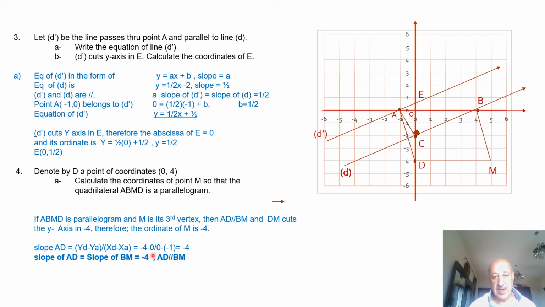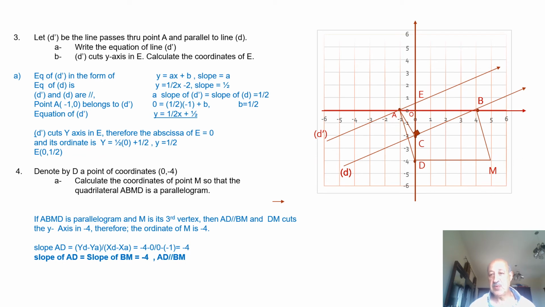Calculating it gives me the slope of AD equal to minus 4. So the slope of AD equals the slope of BM equals minus 4, because AD and BM are parallel.